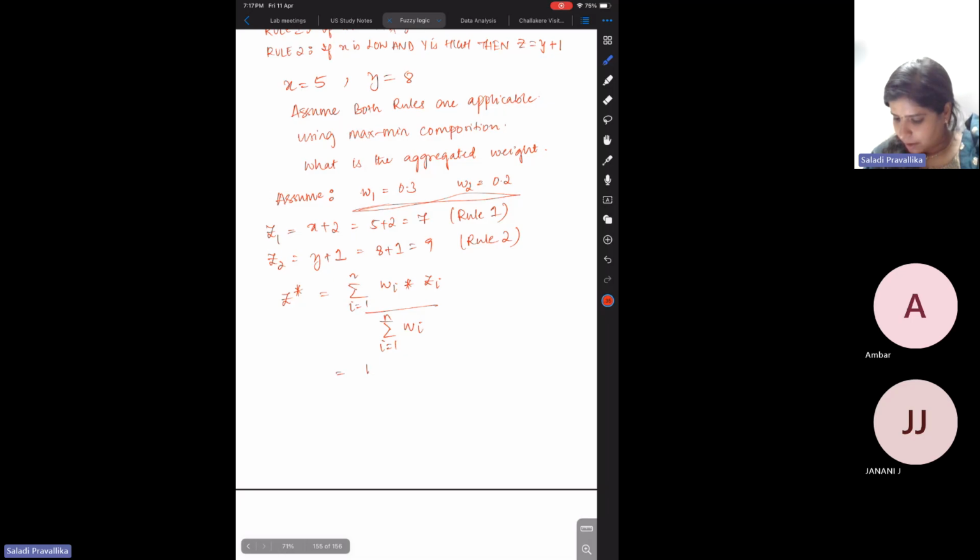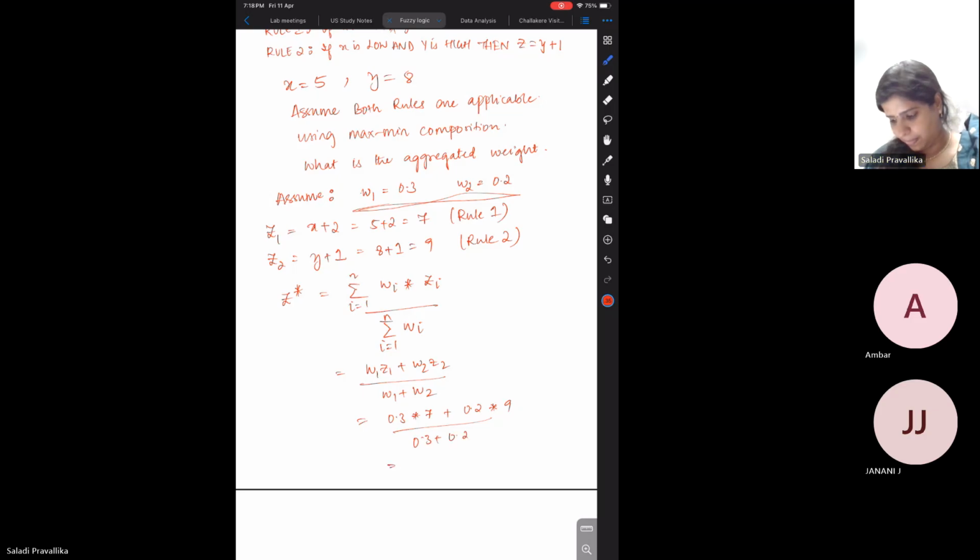So which is equal to w1 z1 plus w2 z2 divided by w1 plus w2, which is equal to 0.3 into 7 plus 0.2 into 9 divided by 0.3 plus 0.2.